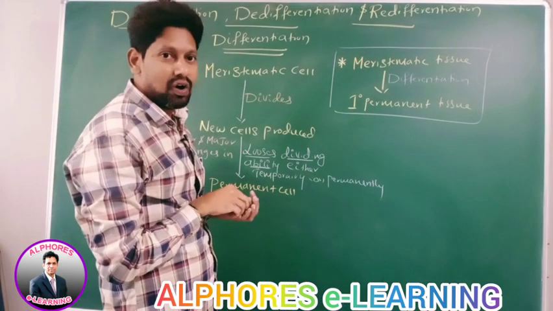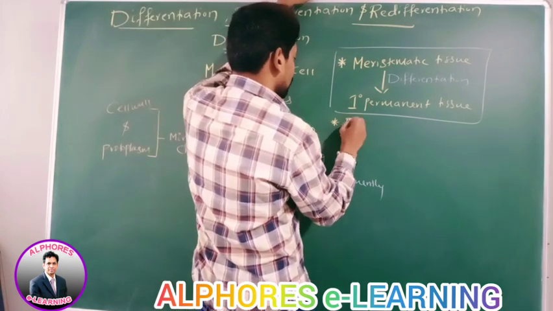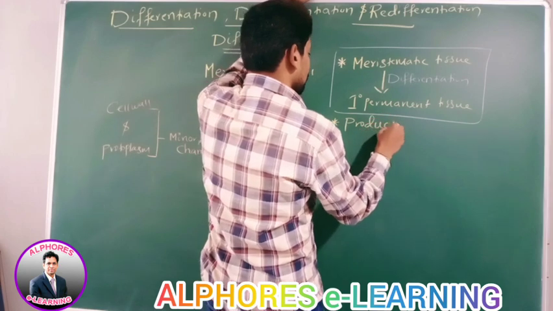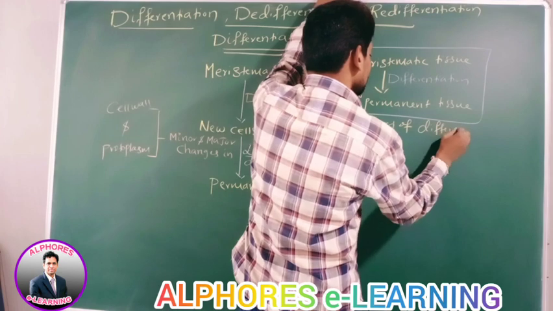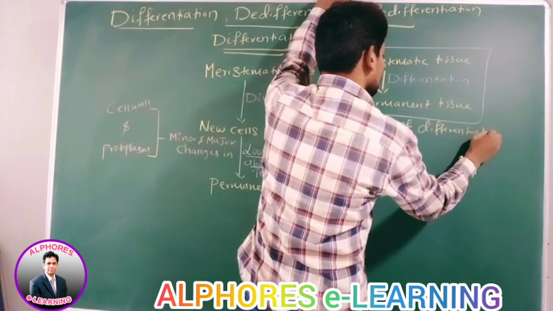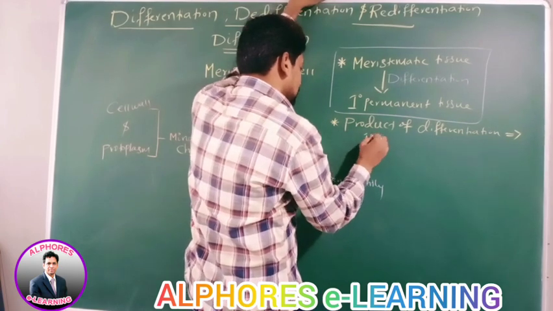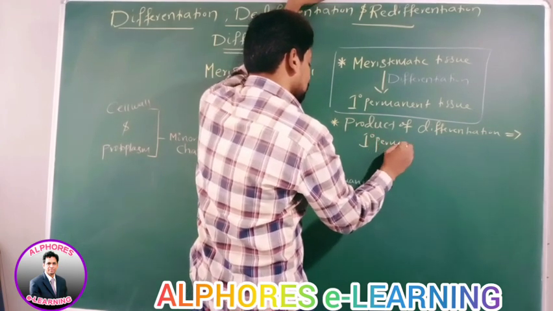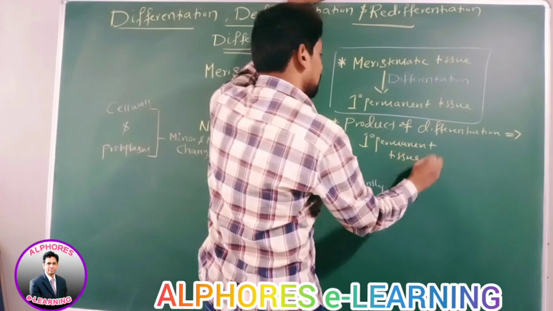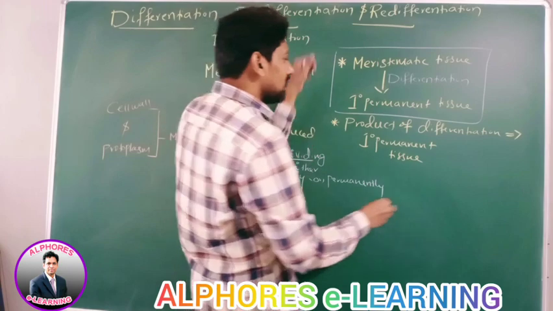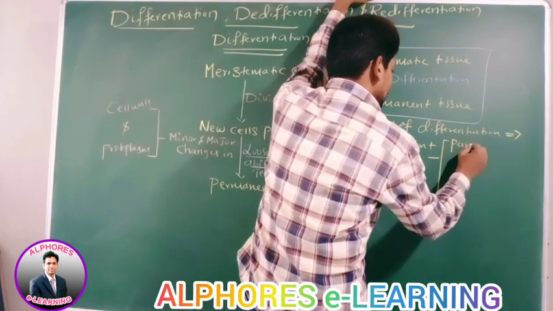So what is the product of differentiation? The product of differentiation is primary permanent tissue. Examples of primary permanent tissue I am writing.